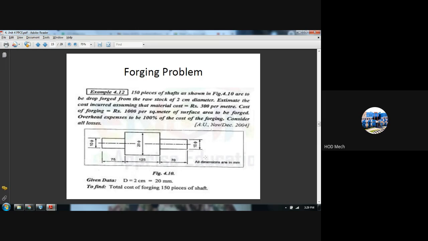Any student who is willing to take up the problem-solving methodology, my advice is to go through the problem and identify the sequence of steps that is followed. That is very, very important: how the problem flows, how the solution flows.